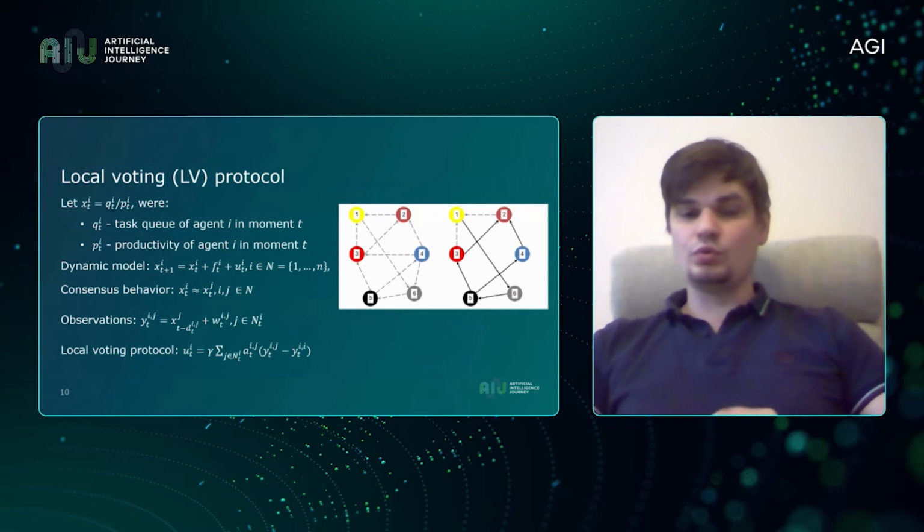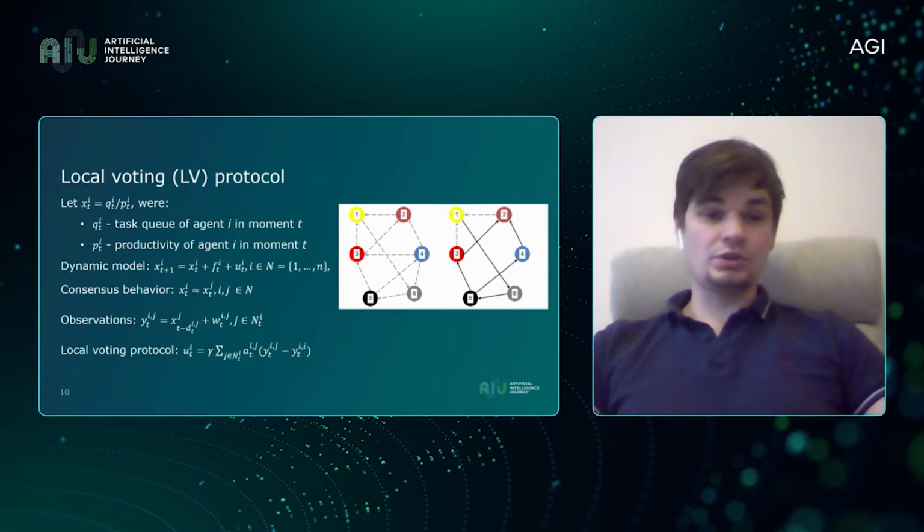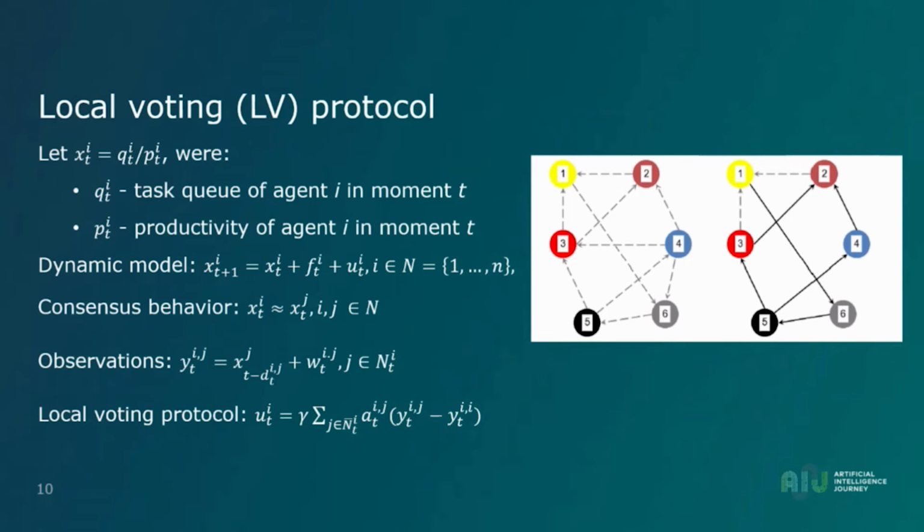The question is posed here: what can we apply, mathematically speaking, in the system? And here there are very interesting consensus algorithms. One of them is a local voting protocol that was used initially for computing nodes.